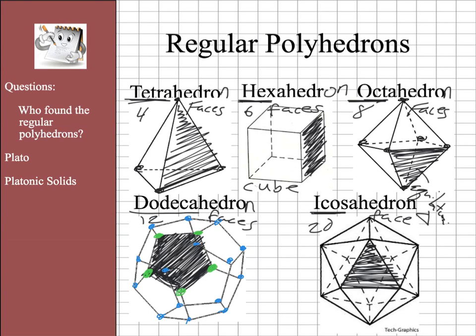Yeah, 20 vertices. Hey, that's pretty accurate. 20 vertices for a dodecahedron. So how many edges would it have? It has 12 faces, 20 vertices. It would have 30 edges. That quick. Yeah, nice job.